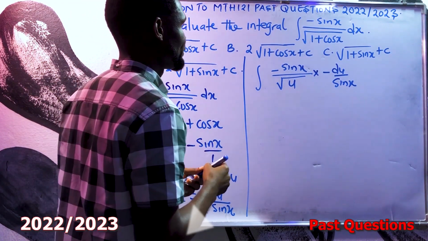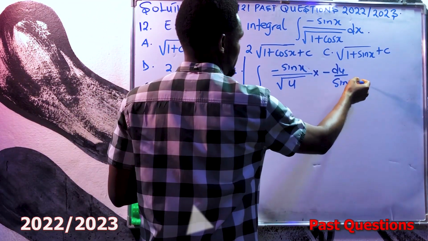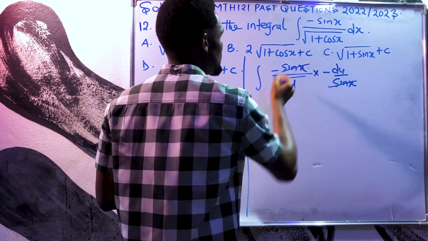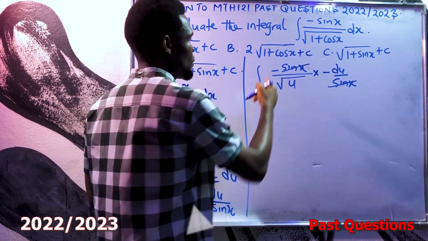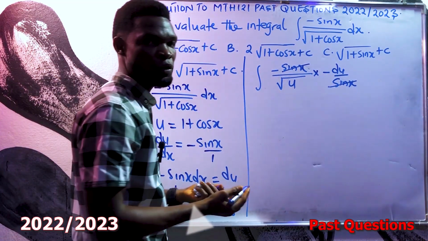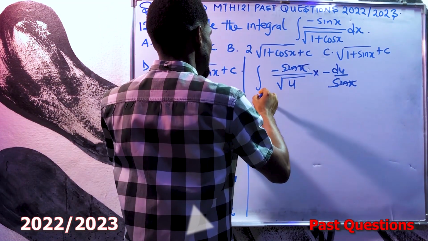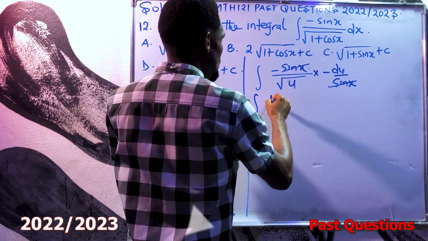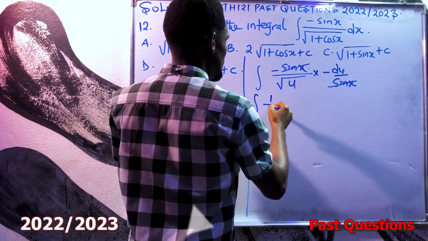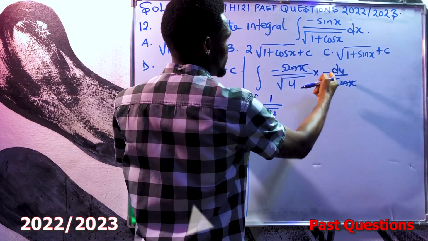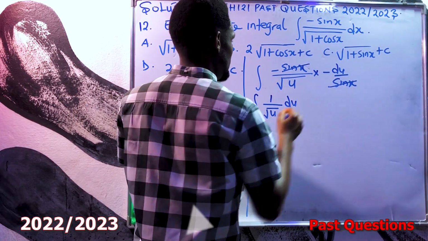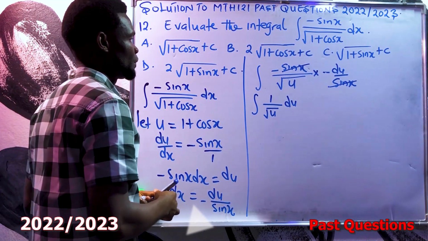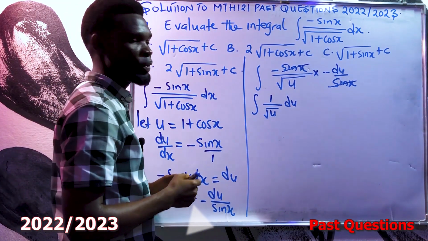All right? Sine x will cancel sine x. And of course, minus times minus will give us plus. So what will be left is the integral of the numerator, which is 1, all over root u, then du. Don't forget that minus and minus will give us plus. So this is what we are going to be integrating.